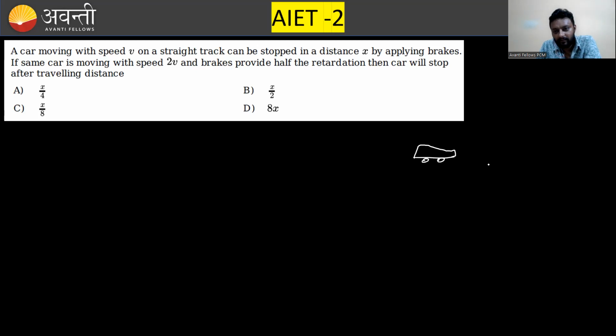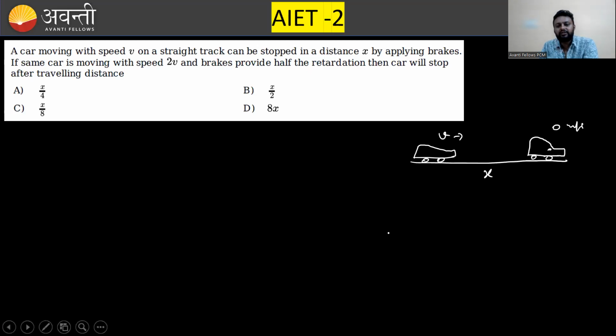This is a new modern era car, which is moving in the horizontal direction with some speed v. And finally, its speed has become 0. Now this looks more like a Thar. Its speed has become 0 meter per second.